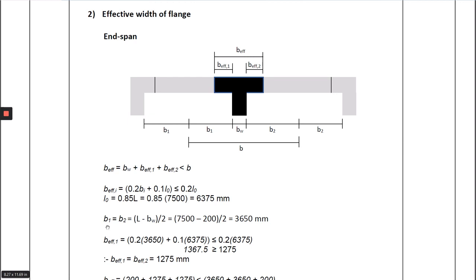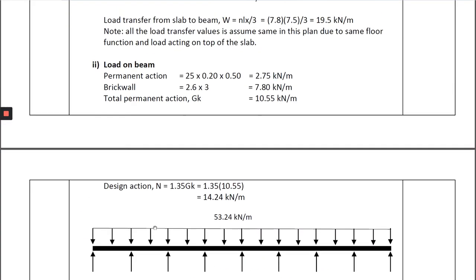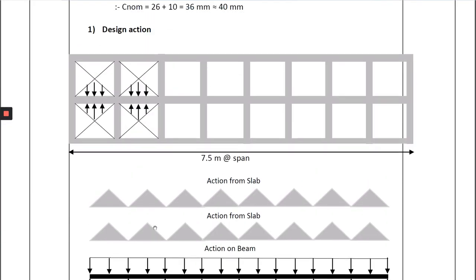So I'll get B1 equal to B2, which is equal to L minus BW over 2. This is the length of the perpendicular section: 7,500 minus 200 over 2 is equal to 3650. So that you are not confused about which length to use, L is actually this length, this section.